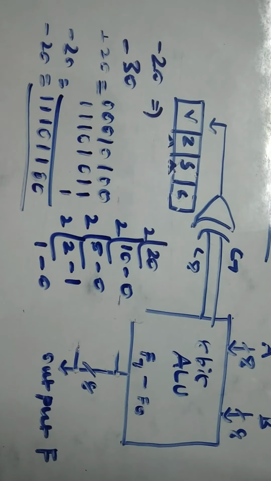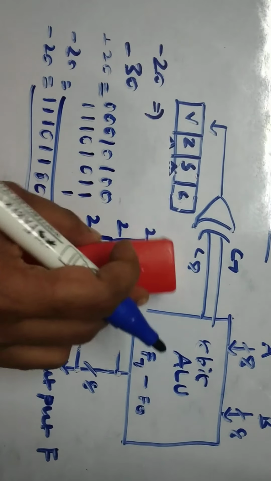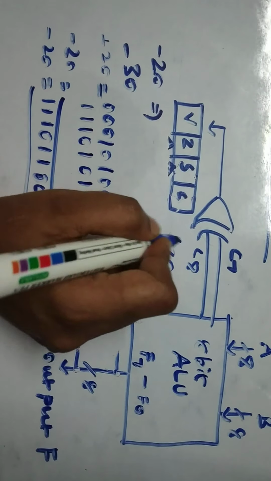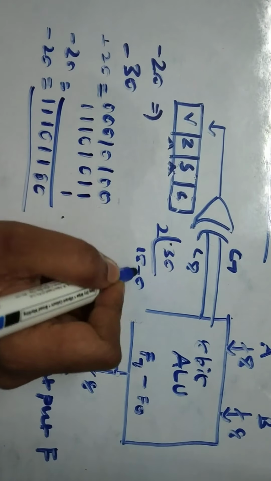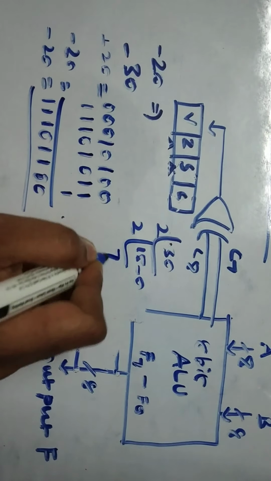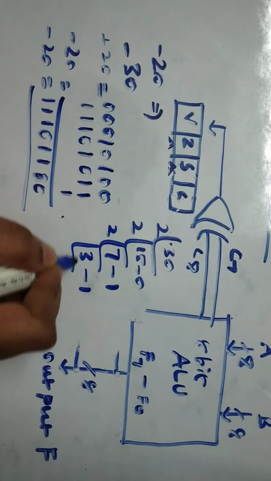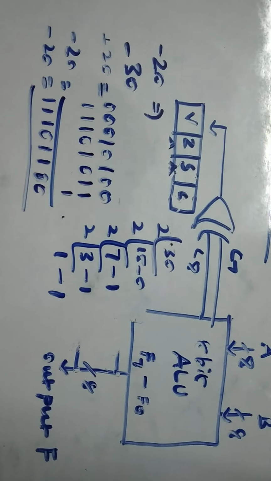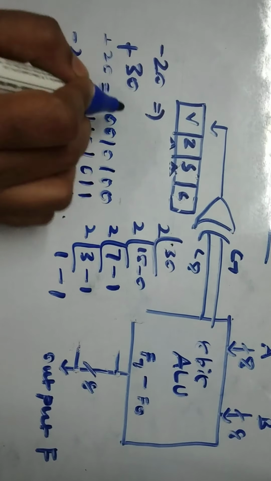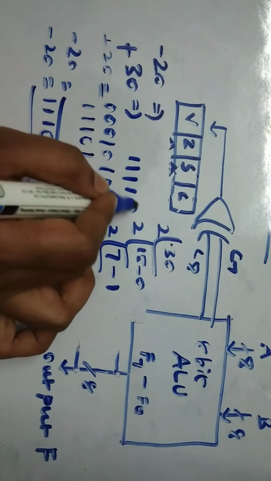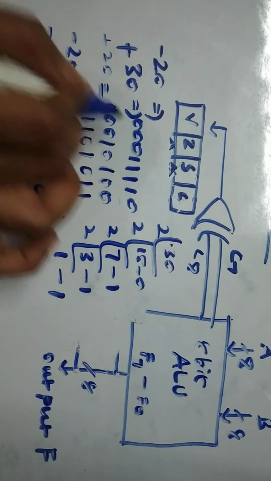And what could be the value of 30? If you take the binary value of 30, it is 1 1 1 1 0. So what is the value of plus 30? For plus 30 it is 1 1 1 1 0, and here we need to include 3 zeros.